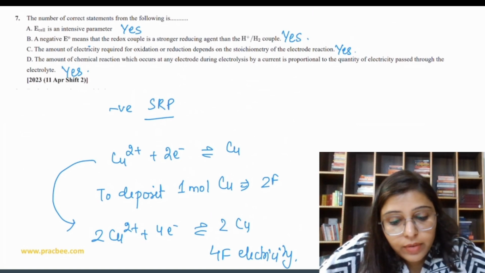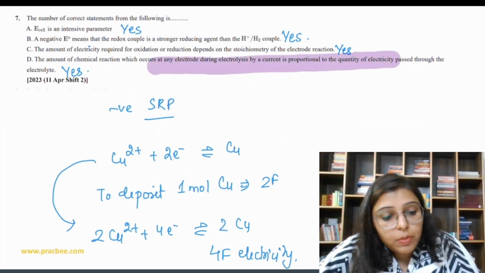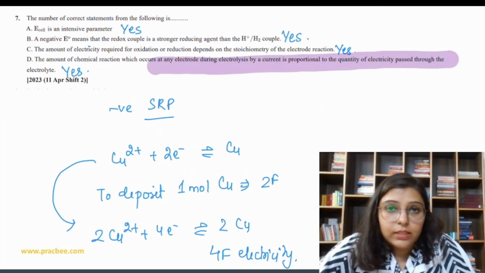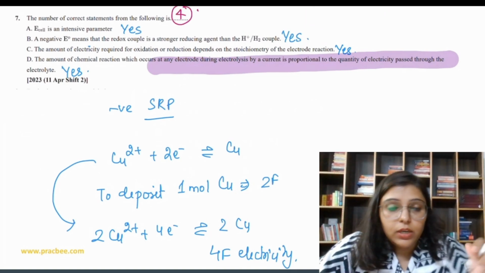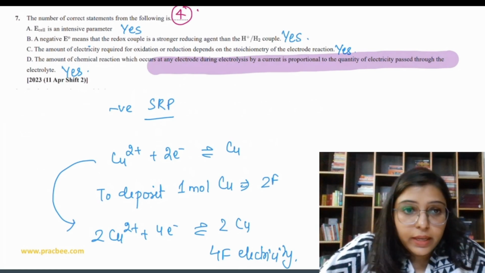So it is true, and the answer is going to be 4. The number of correct statements from the following is 4. Now let's do the next question.